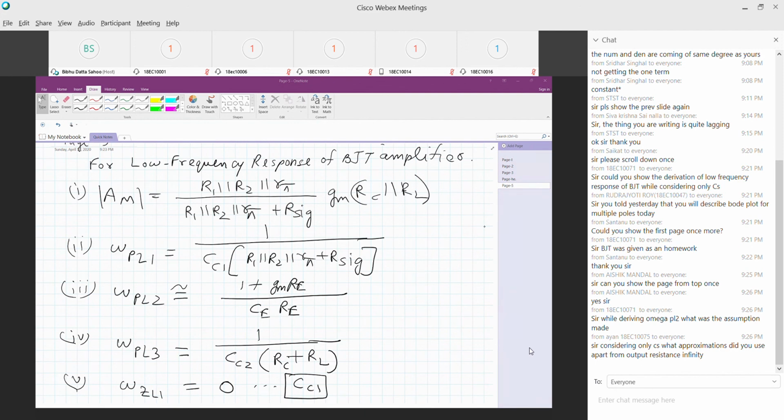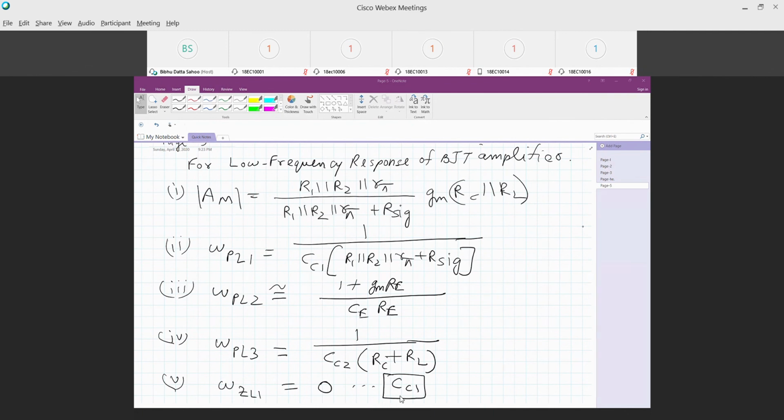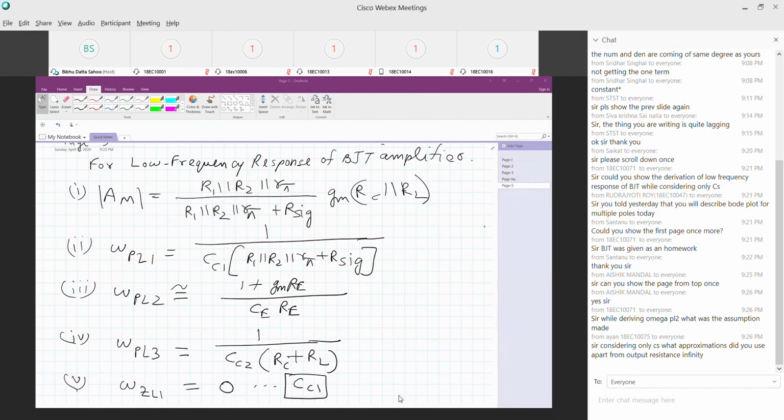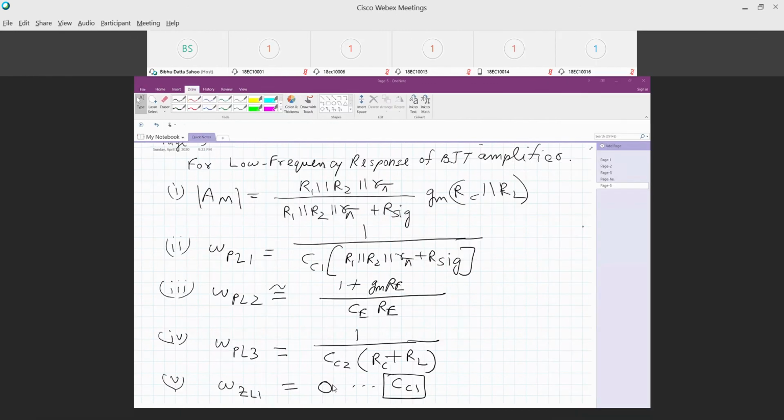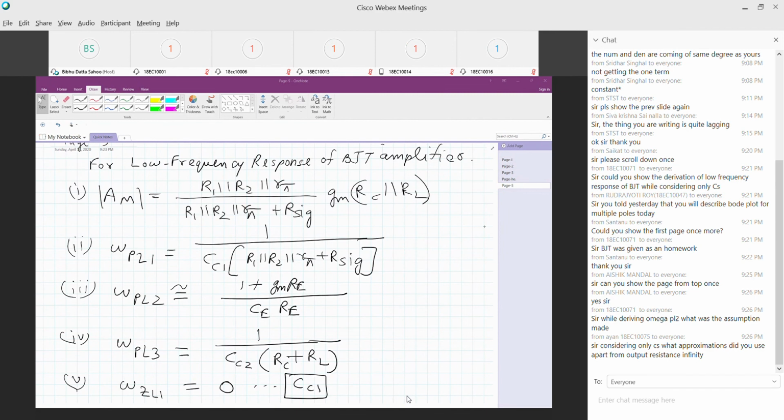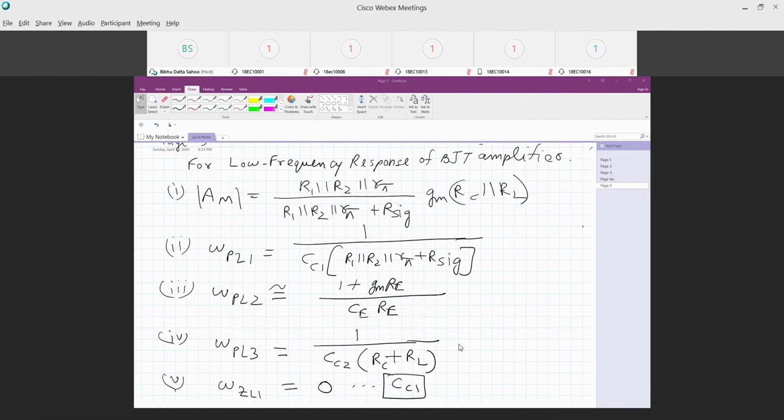Omega PL2. I do not have the exact expression in front of me, so unless I solve it myself, I do not know.